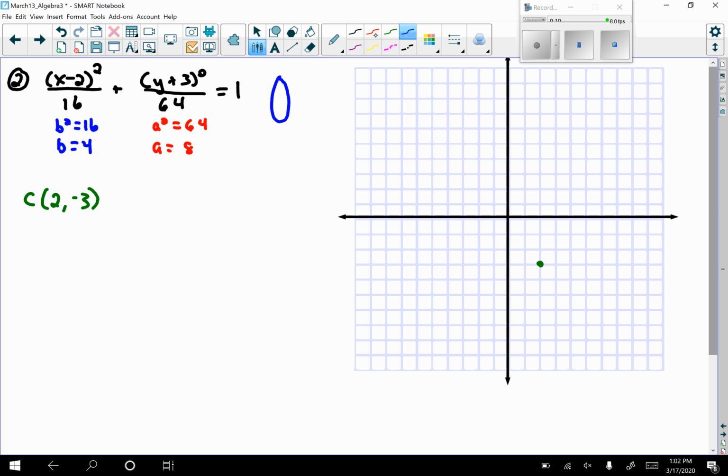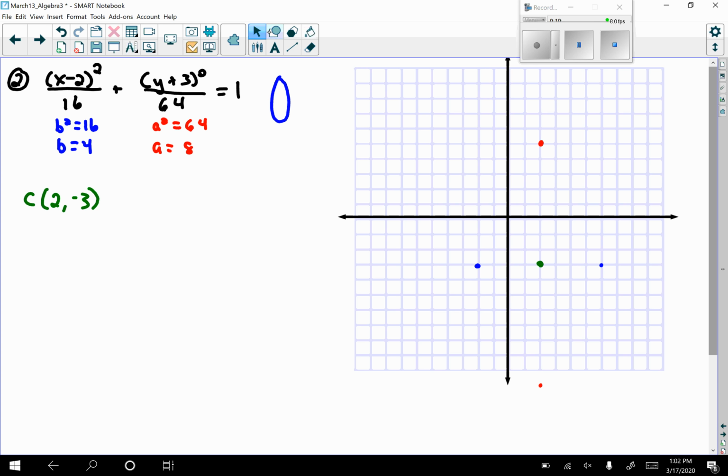All right, so what I'm going to do now is from my center, I'm going to count up 8 and then down 8. And it does take me off my graph a little bit, but that's okay. For the minor axis, I'm going to count 4 to the right and 4 to the left. All right, and then move that over.